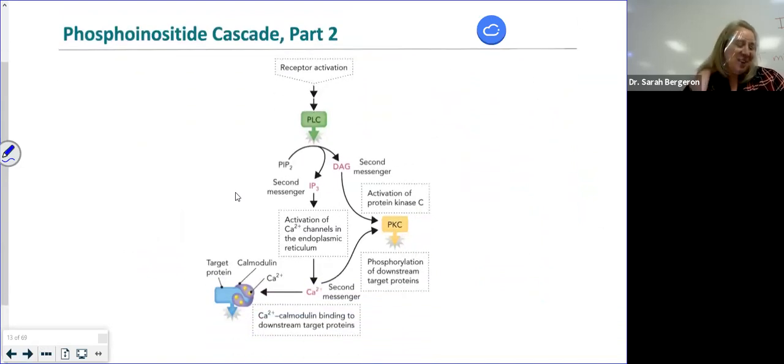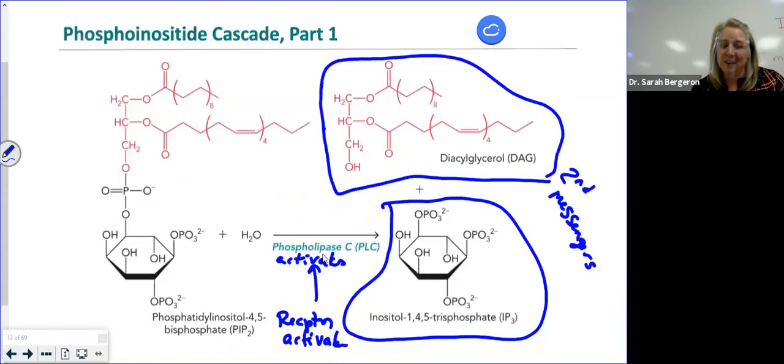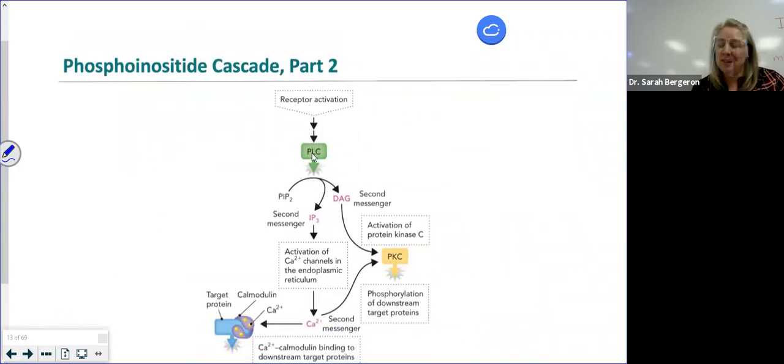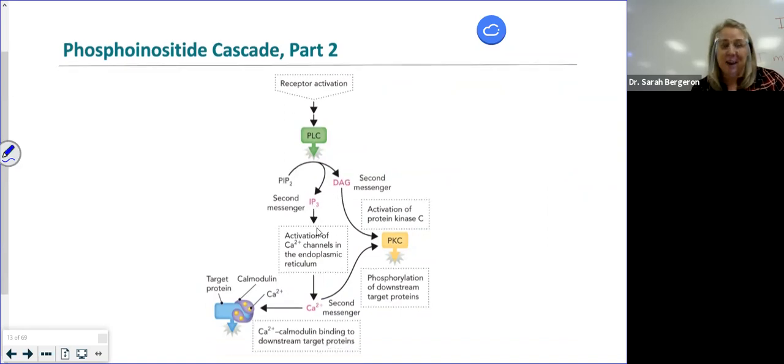All right. So what we just said before is that you have receptor activation. That receptor activation activates PLC. So that's right here. This is PLC. Once phospholipase C is activated, it takes our phosphatidylinositol and it cleaves it into our 2 second messengers, DAG and IP3, right?